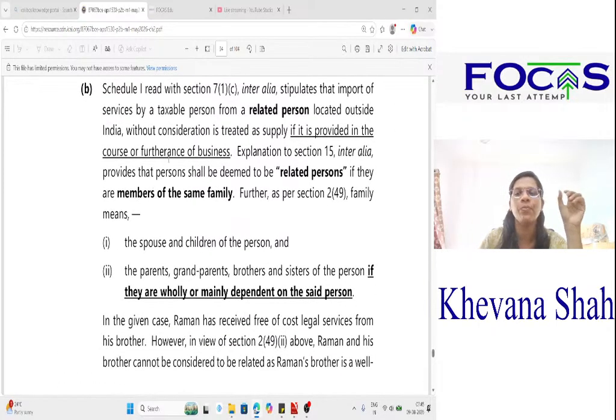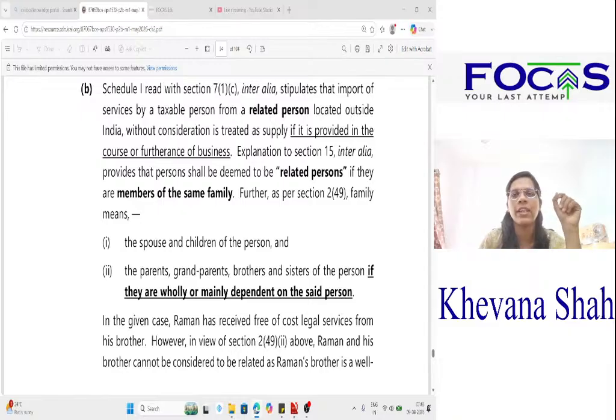Now for B, schedule 1 read with section 7.1c inter alia stipulates that import of services by a taxable person from a related person located outside India without consideration is treated as supply if it is provided in the course or furtherance of business.